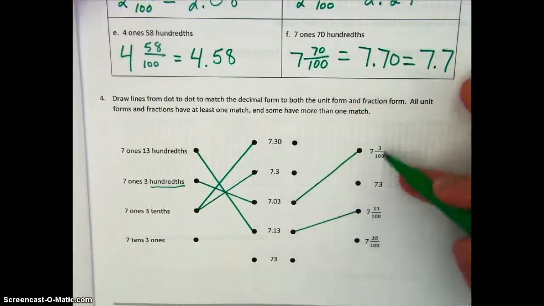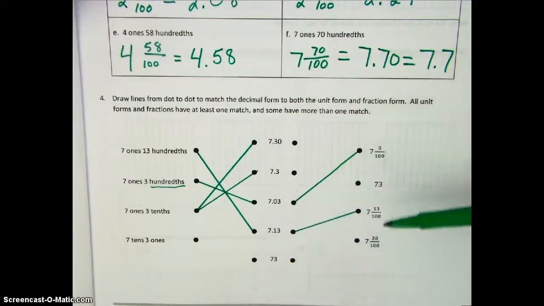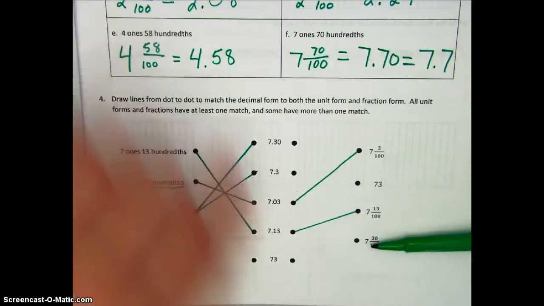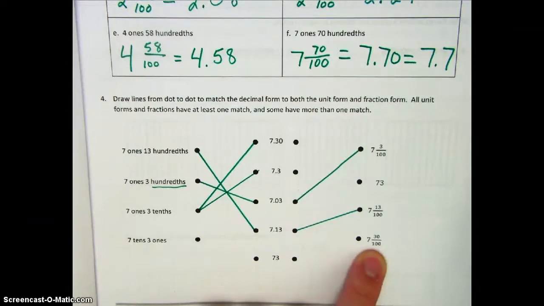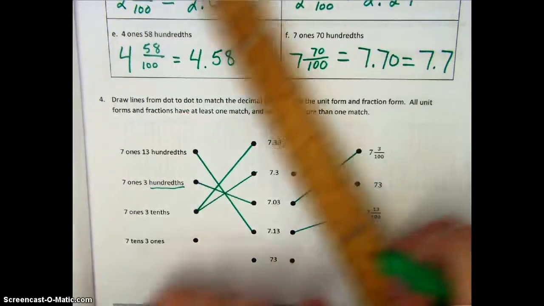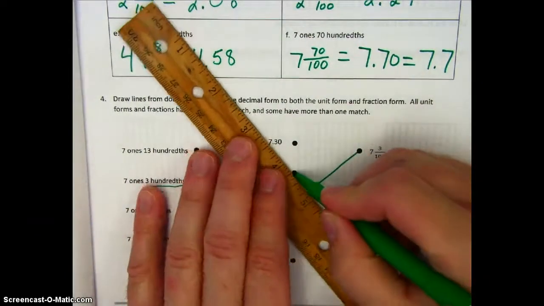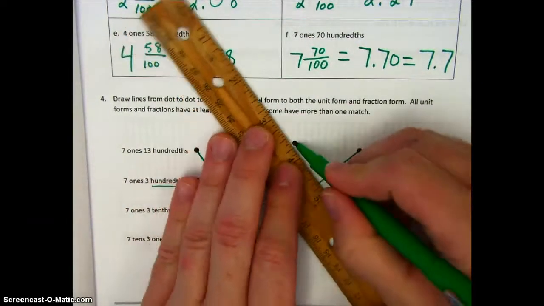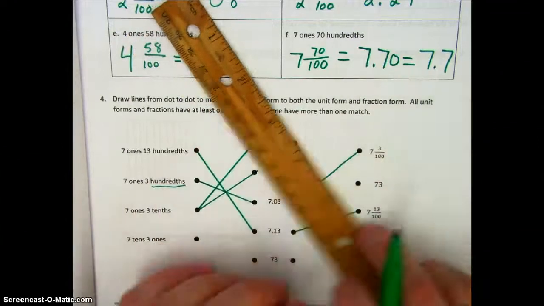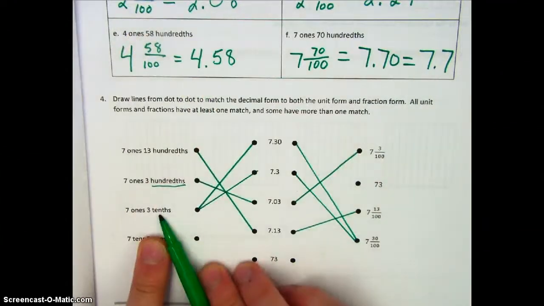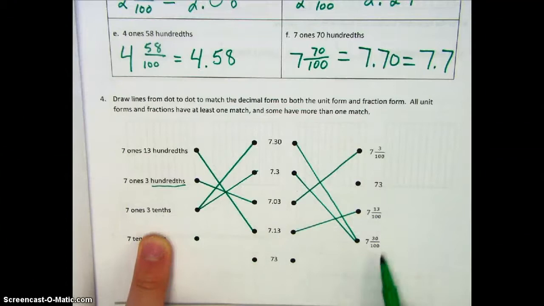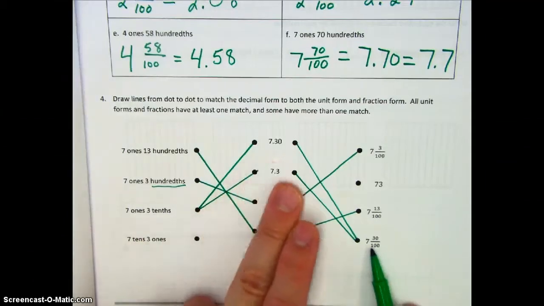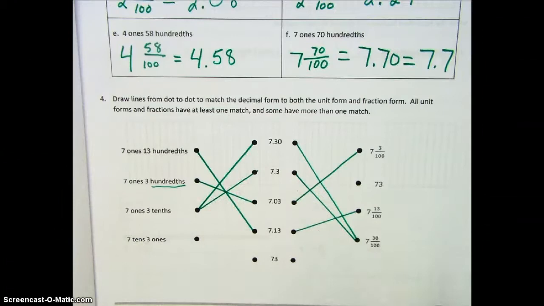Now coming over here to switching it over to the fraction form, we're looking for 3/10ths or 30/100ths, which would be this last one right here. Now going across, notice how we have 3/10ths, and over here we have 30/100ths as we go across to make our connection, because those two are equivalent.